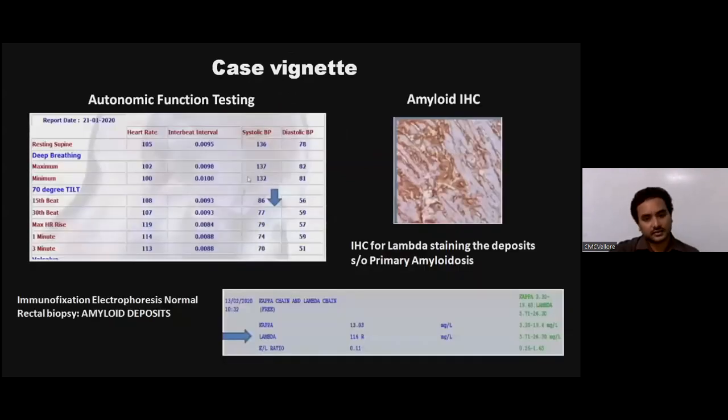The autonomic function test was positive, 136 to 86, and for him an IFE was normal, and then a rectal biopsy was done, which showed amyloid deposits, and IHC showed. We decided to look for amyloid in long-standing diabetes. We will be looking for this in all diabetics.